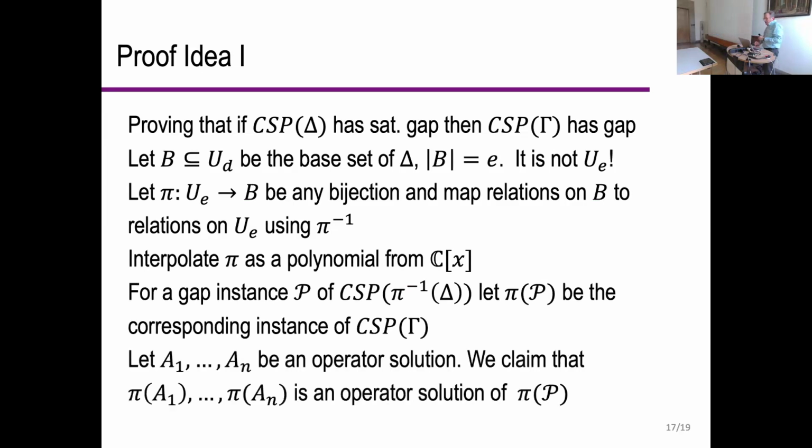So for instance, if we have an operator solution for this guy, we apply our polynomial, we get new operators, and I would claim that this would be a solution for CSP of gamma.